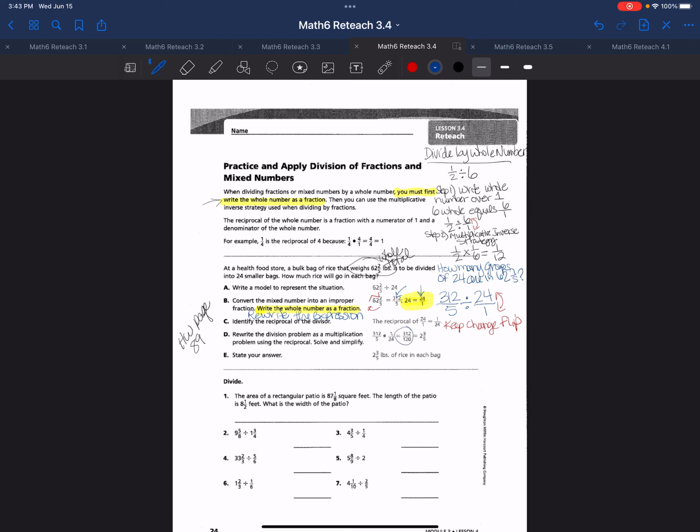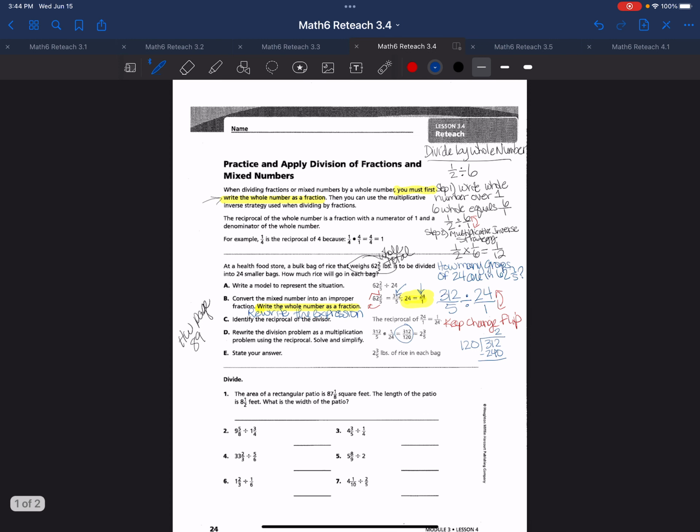And then when I get this very large fraction here, I have to take the numerator, which is 312, and it's going to be divided by 120. So 120 goes into 312 2 times, and I get 240, and then I subtract, I get 72.